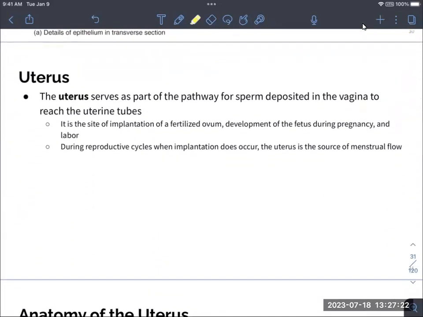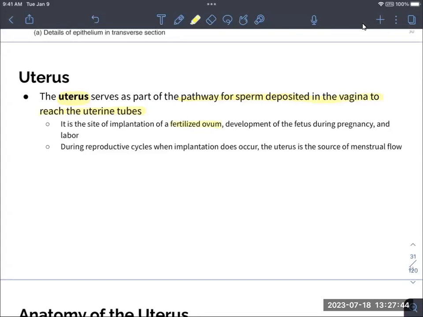So once we get down to the uterus, it has a few functions here. It's a pathway for sperm to help get to those uterine tubes. It's the site of implantation of this fertilized ovum.